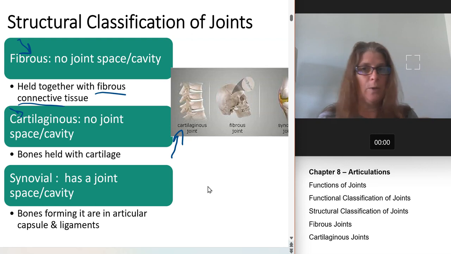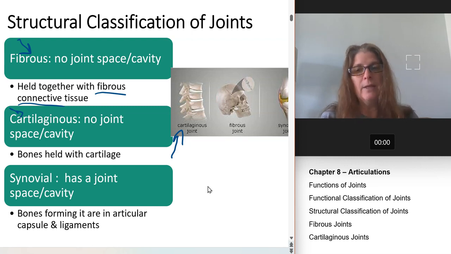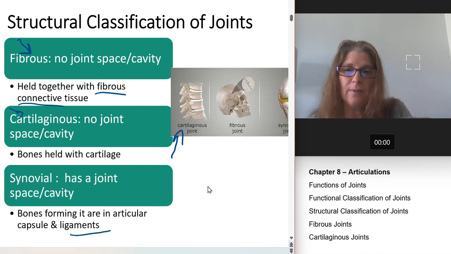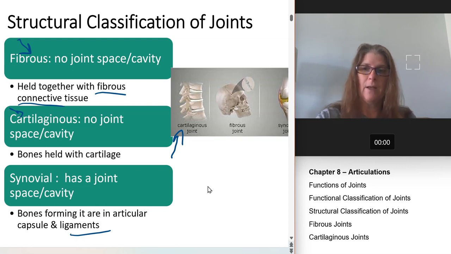A cartilaginous joint, as you can guess, is bone, cartilage, and bone. Or you have synovial joints, and most joints in the body are synovial. And this is when you have a joint cavity. So you have synovial fluid, synovial membrane. These joints always have ligaments. Remember, ligaments connect bone to bone. And you have these in this joint capsule or articular capsule.